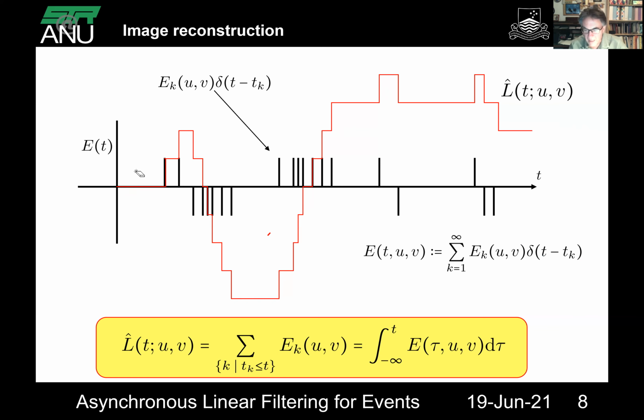So the way we treat events is slightly different from some people. Instead of treating this just as a discrete sequence, we consider these events as Dirac delta functions. That's a continuous time function, which is a distribution, so that when you integrate a Dirac delta function, if I integrate delta of t minus tk, dt, with a here, what I get is a evaluated at time tk.